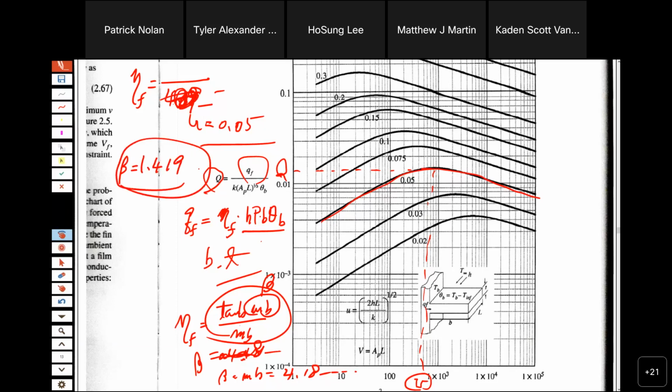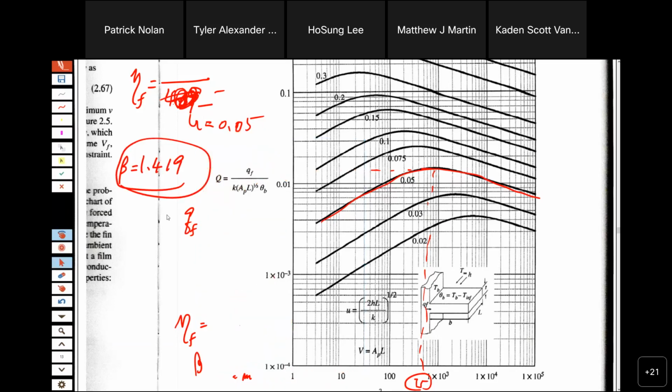So what we can do is the efficiency of the fin maximum. The maximum is hyperbolic tangent of 1.419, I mean, 2.